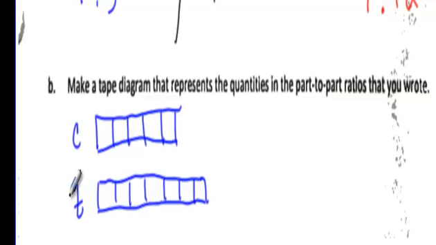So in our tape diagram, each part that we have here is equal to 16. If one part is worth 16, remember they're equal sized parts. So each of those represents a value of 16 vehicles.